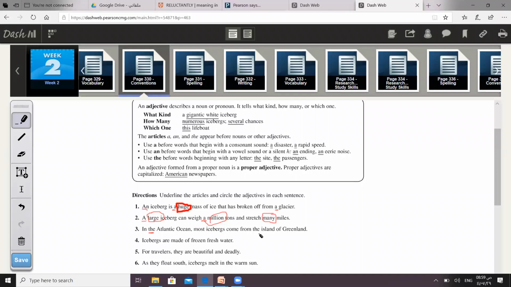And also here, the adjective. Atlantic Ocean. Atlantic is the noun, girls. How come? Proper noun. Ocean is the noun also. Most. Yes, most icebergs.